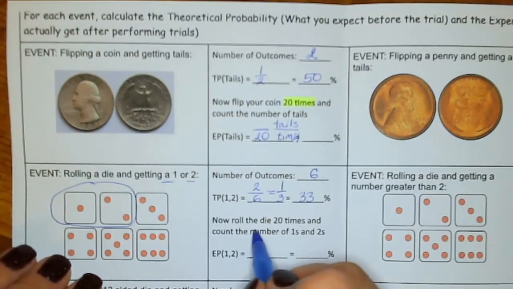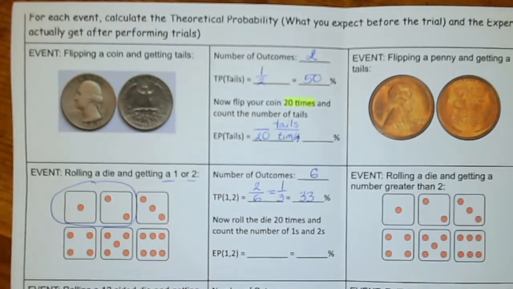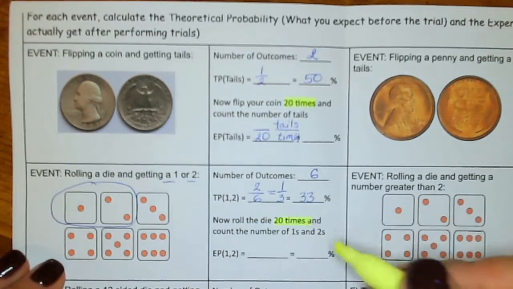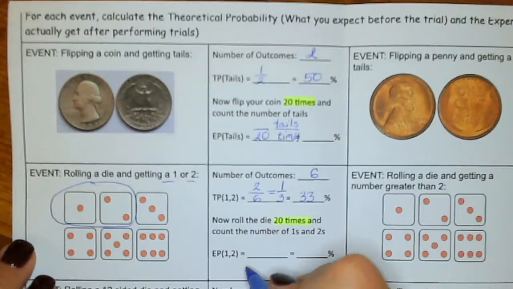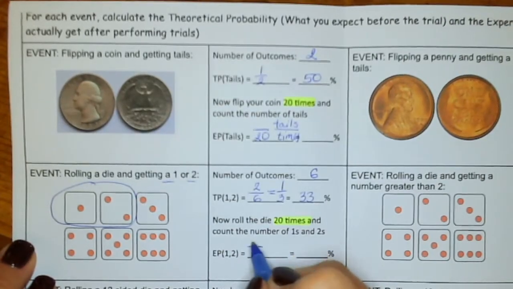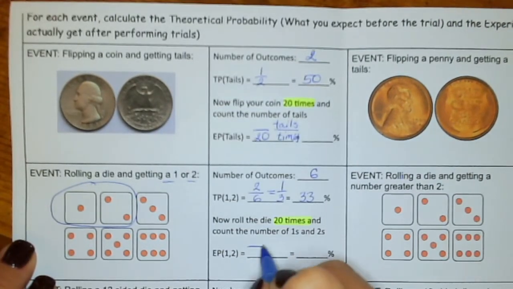Now you're going to roll the die 20 times and find the experimental probability of rolling 1 or 2. So the experimental probability will be how many times you get 1 or 2, out of 20 times that you're going to roll.